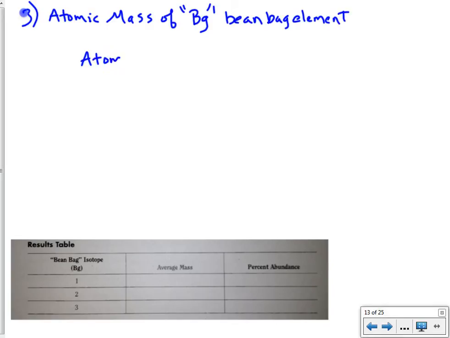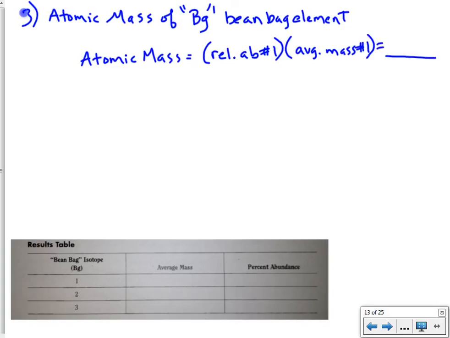And we're showing how we're doing our calculation, which is atomic mass is equal to the relative abundance of isotope number 1 times the average mass of number 1. Both of these numbers can be found on your results table. When you multiply those together, you will get some number that you'll record there. You'll repeat this process for isotopes number 2 and 3.